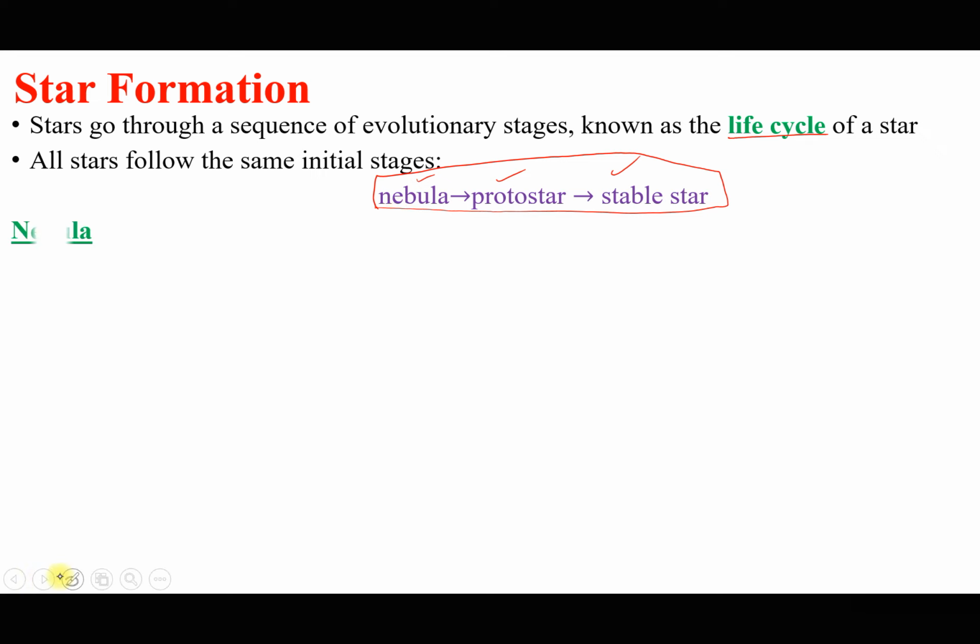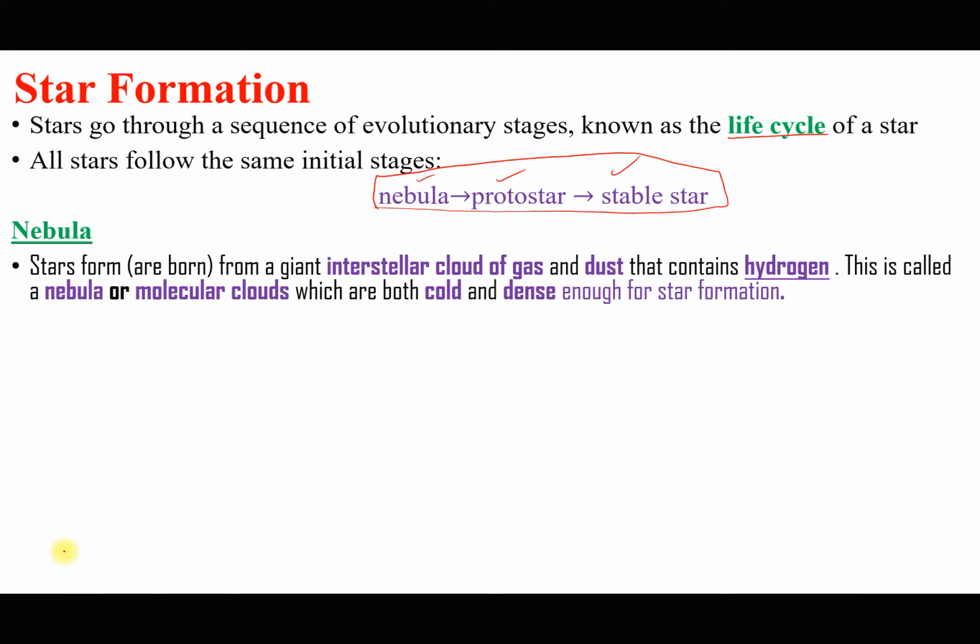First of all, all stars are born from a giant interstellar cloud of gas and dust, and this is called a nebula. It basically contains hydrogen, mostly; the biggest percentage is hydrogen. Sometimes it's called a molecular cloud, which is cold and dense enough for star formation.